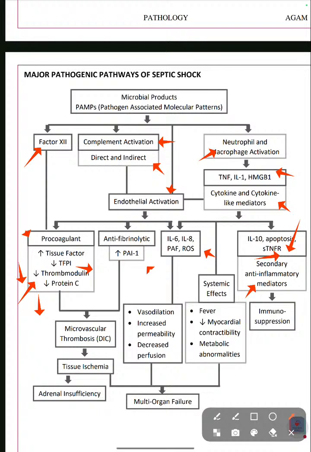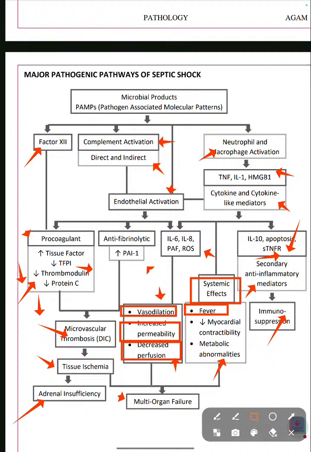Secondary anti-inflammatory mediators, immunosuppression. This is a fever, decreased myocardial contractility, metabolic abnormalities, vasodilation. There is increased permeability, decreased perfusion. Vasodilation will occur, because of that there is multi-organ failure. And here there is tissue ischemia, adrenal insufficiency, and DIC formation. So here you will find severe vasodilation, permeability increased, perfusion decreased.